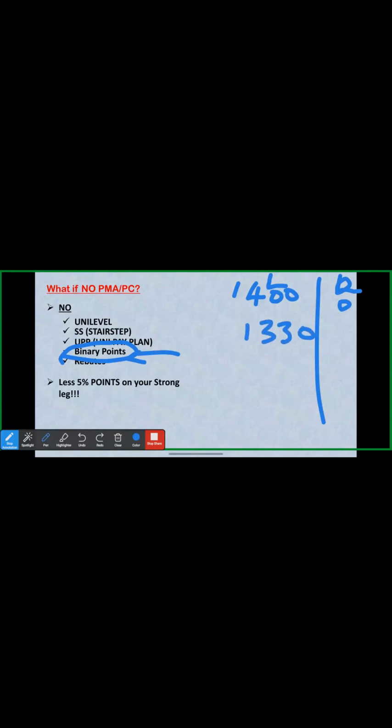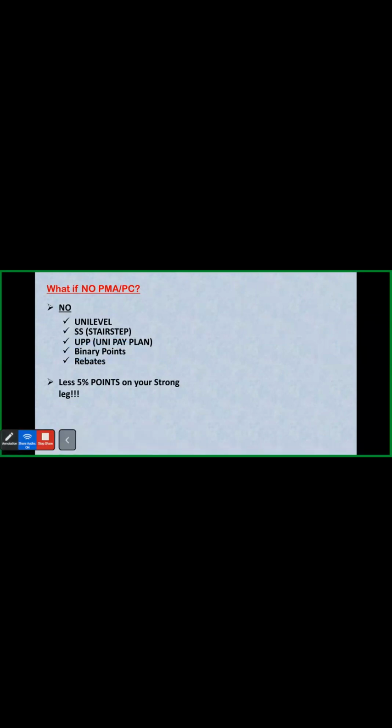And even if you register someone else on the right side, it will not match because these binary points hazitaingia kwa system. Basically, you can register someone in the business, lakini hizo points hazitaingia kwa system. And I'll tell you why these points are very important. Just hold on. Just be patient kidogo.